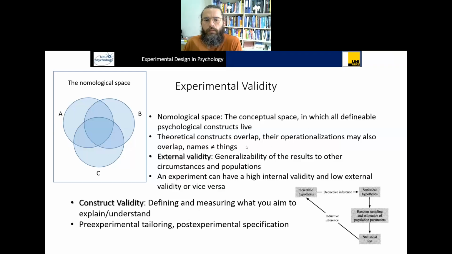Yes, so why is that a thing? Because even if theoretical constructs overlap, their operationalizations may also overlap, and you want to understand better.